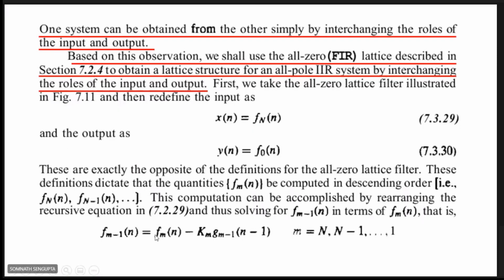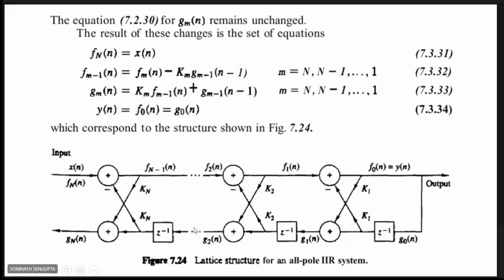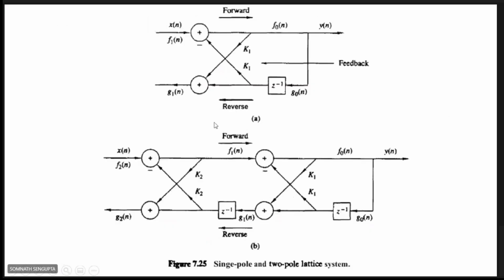Okay, in the diagram you see the direction of signal flow in the top path. The top path signal direction goes from left to right, the forward direction path, but in the lower path the signal direction is reverse. It goes from output to input side. This thing you have to remember. Okay, this is for the single pole system structure.